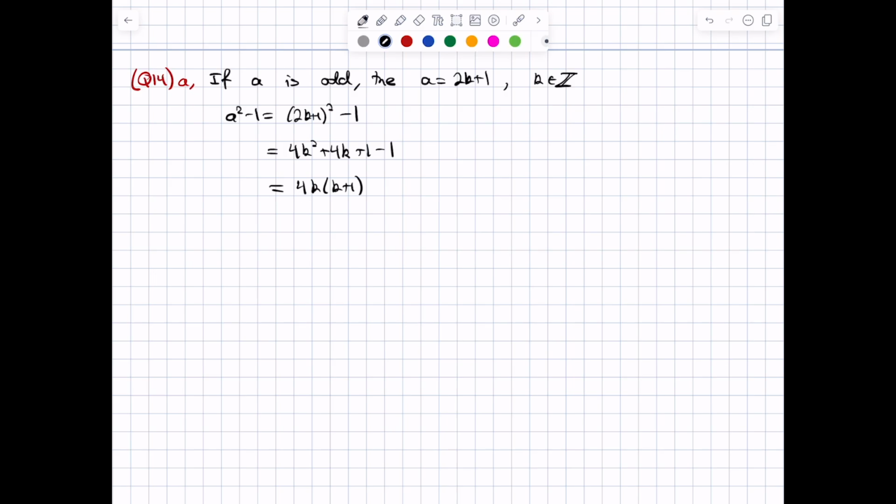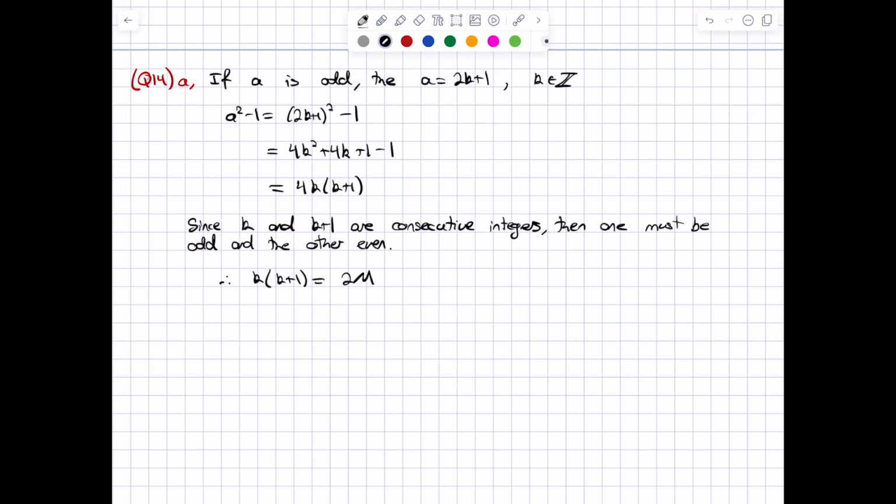So I'll justify it by writing out what we just said. Since k and k plus 1 are consecutive integers, one of them must be odd while the other is even, which means their product is the product of an even with an odd, which is an even number. So it's equal to 2m.